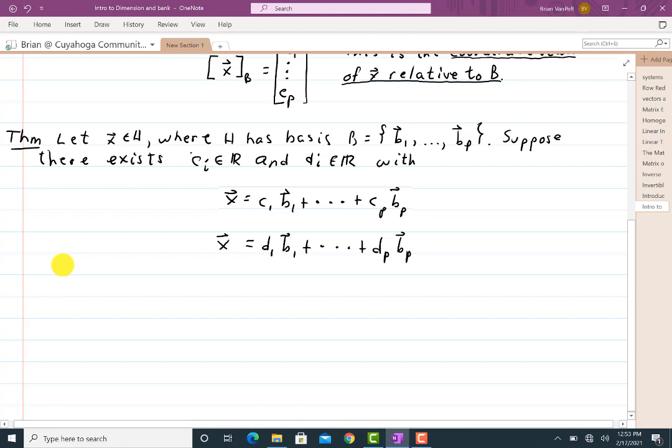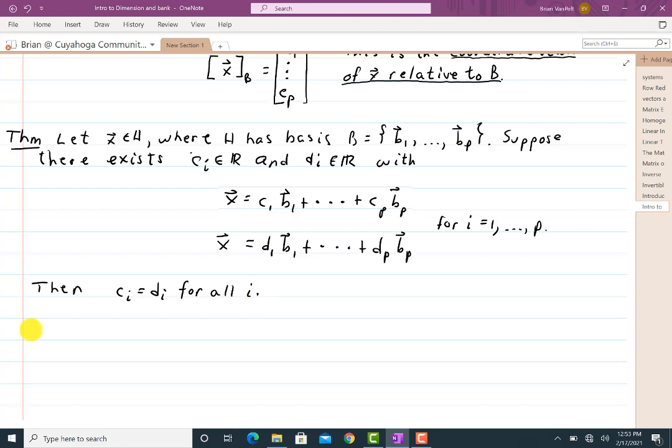So suppose this is true for all I, so let's say for I equals 1 up to P. Then CI equals DI for all I. So what this is saying then is there really is only one way to represent X in a particular basis.